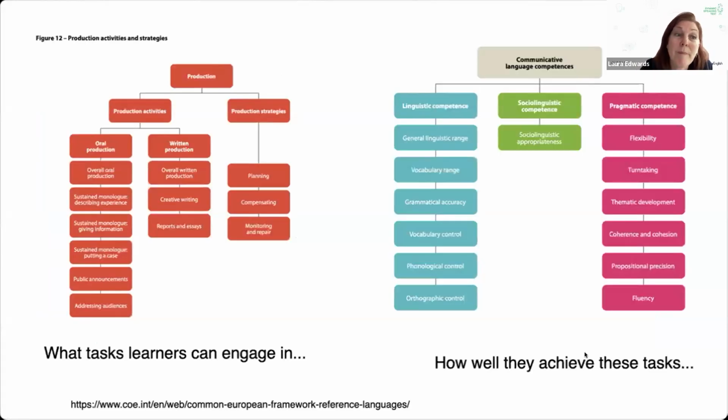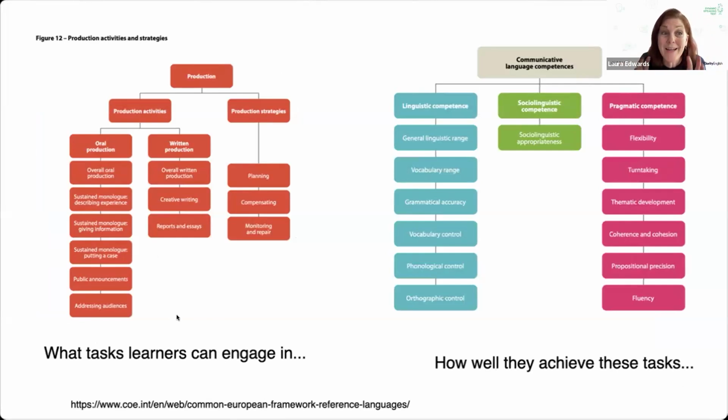Okay, and there are many descriptors. Here I've just taken some examples. We have, for example, production here. There's also reception and interaction, but here's just production. You can see this one talks about the tasks people can engage in. Overall, a monologue describing experiences.